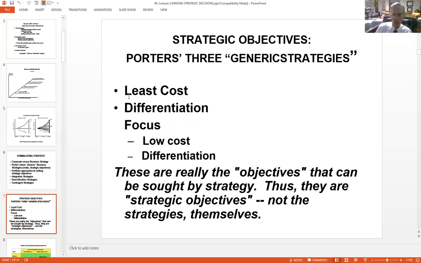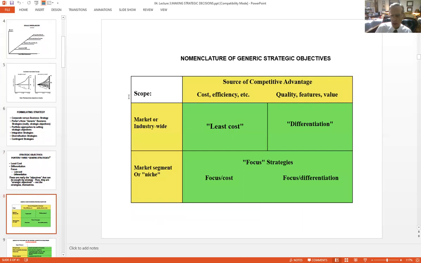So I won't burden you by going into them in too great a detail. Suffice it to say that least cost and differentiation are names that refer to strategies that are applied to an entire market or an entire industry. When we use the word focus, we can apply it to either low cost or differentiation, and we refer to those as focused low cost, focused differentiation strategies.